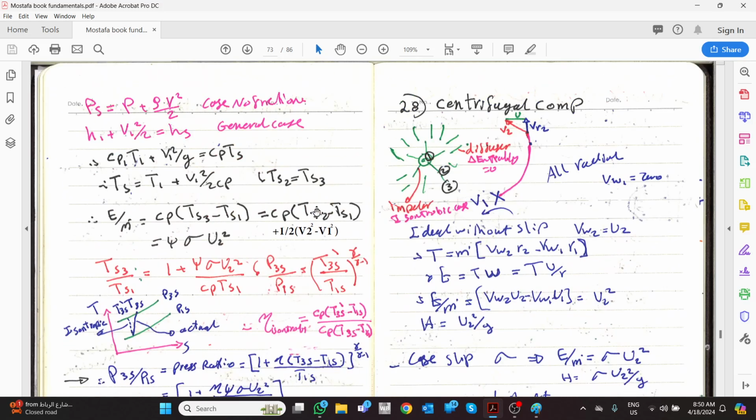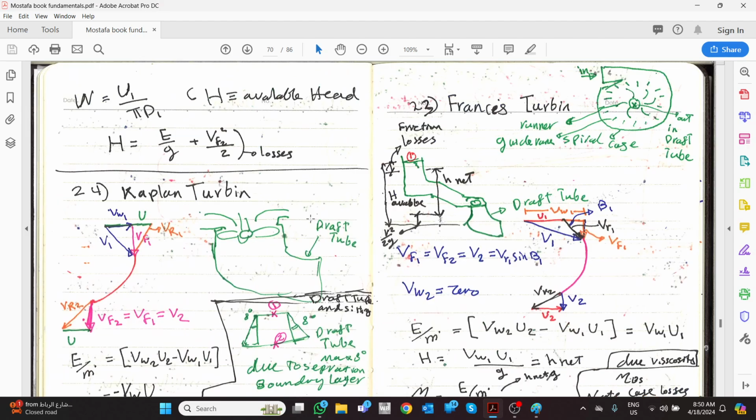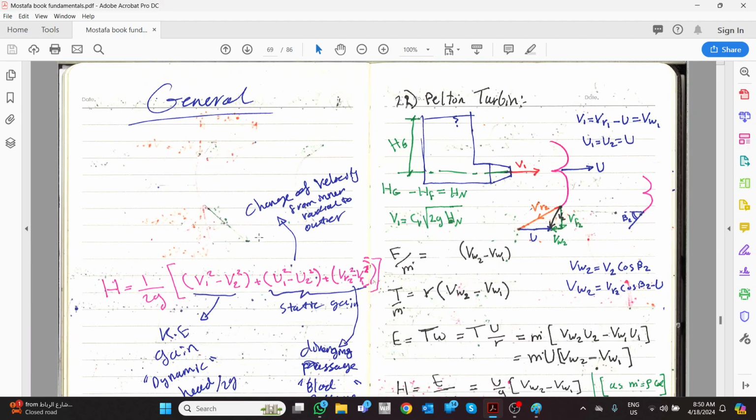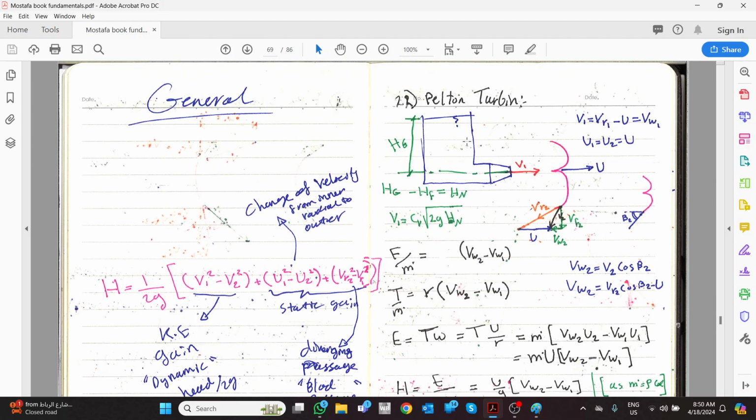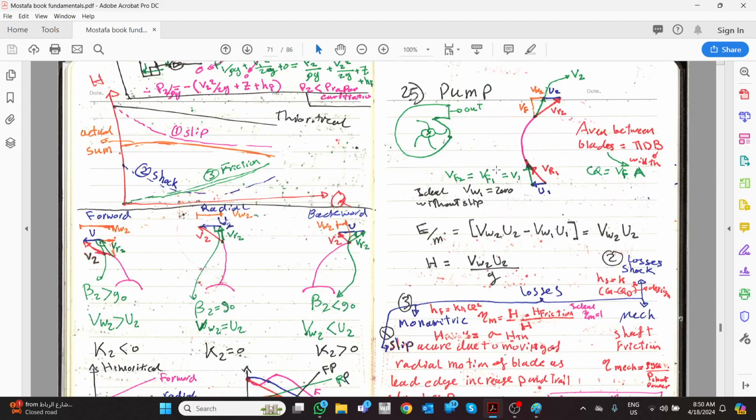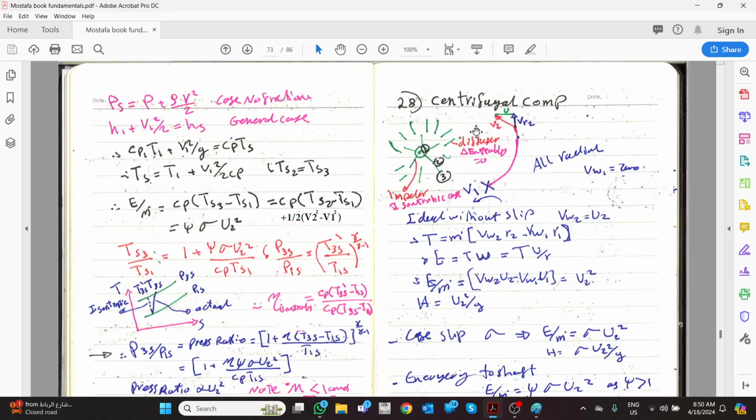We return back to the original equation, which we didn't discuss a lot, but we said this: any head in any fluid machinery, you can apply this for Pelton, you can apply it for Francis, you can apply it for a pump.